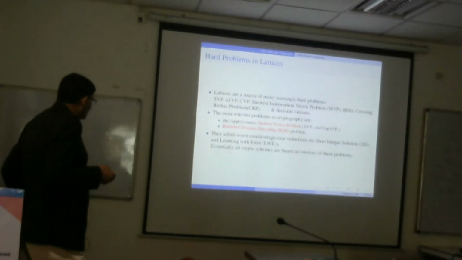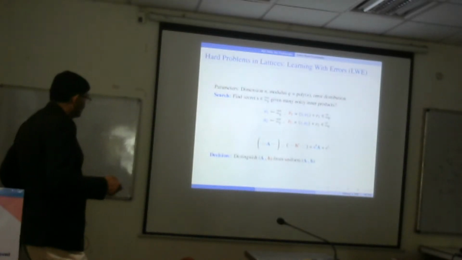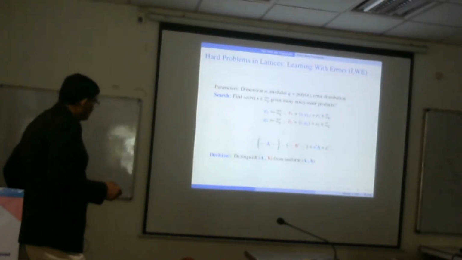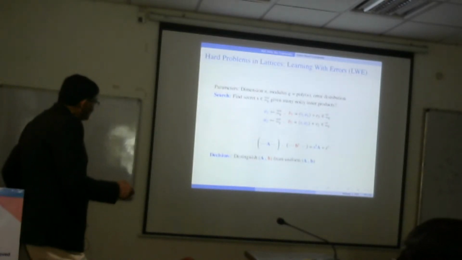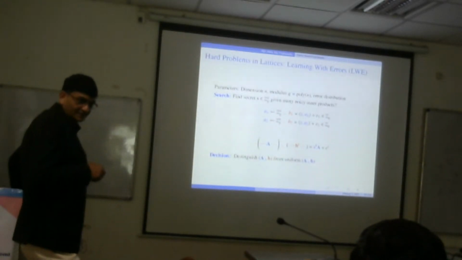So what do you mean by learning with error? Suppose you have this equation. A1 is a vector, S is a vector, and we take the inner product of that. And we have values V1 to Vn. You can see that it becomes a set of equations.